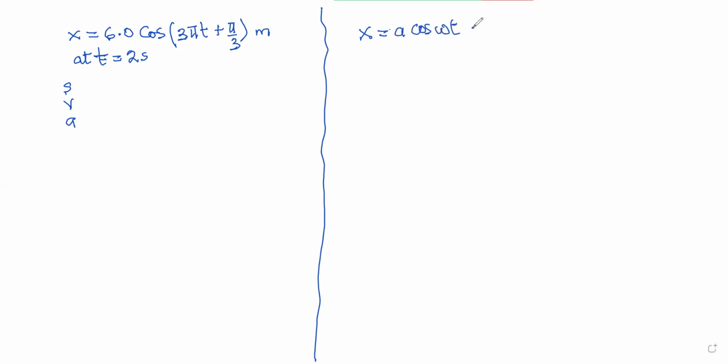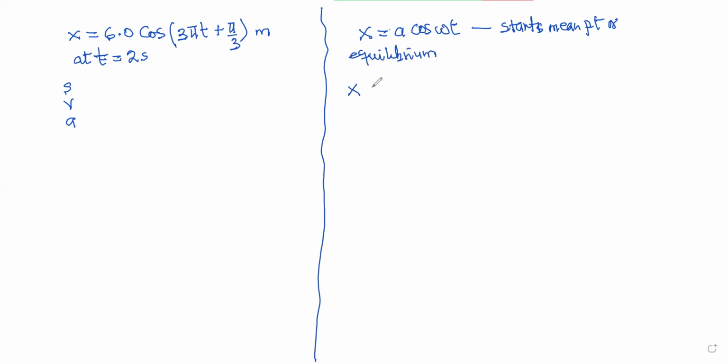If it is this, then it means that the simple harmonic motion starts from the mean point, or from the equilibrium position.